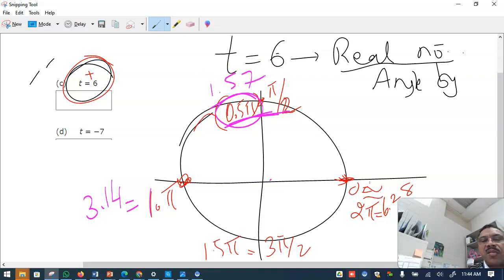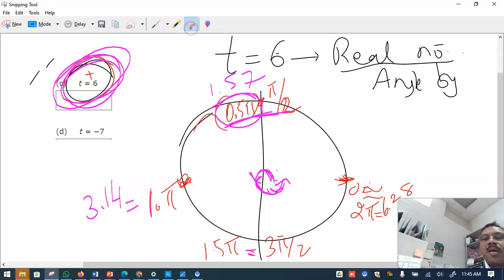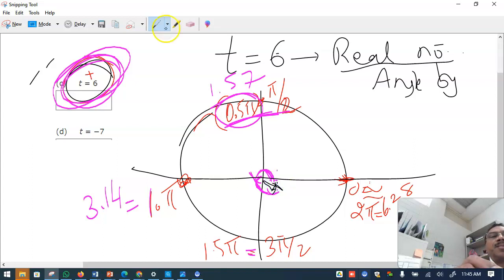The goal here is just to see where the 6 is. You're going all around, so it is like 0, this is 1 pi, which is 3.14, and if I go until here, it is 6.28, but it is not 6.28. It is just before that, so the angle is somewhere here. So this is 6 here.